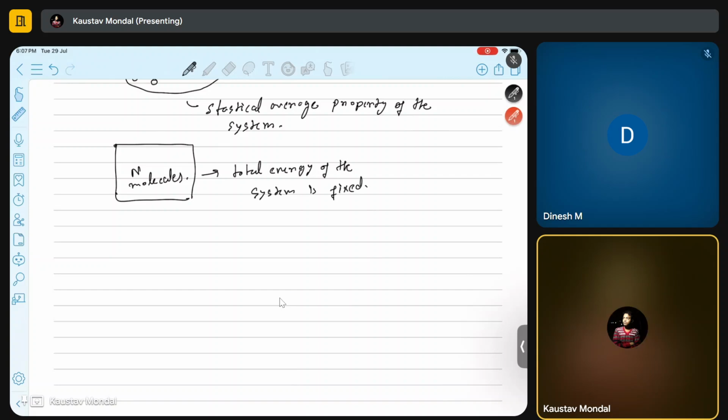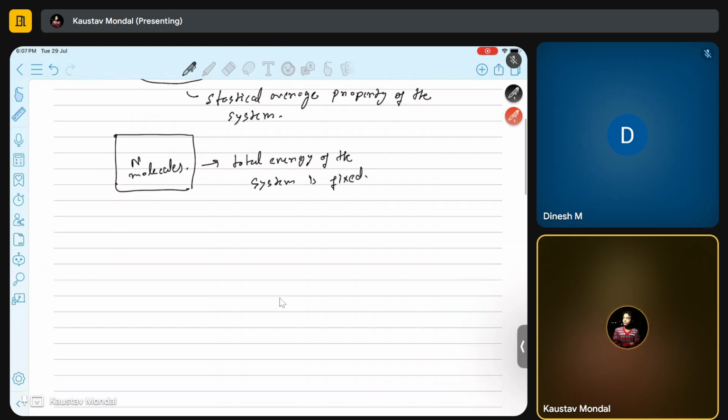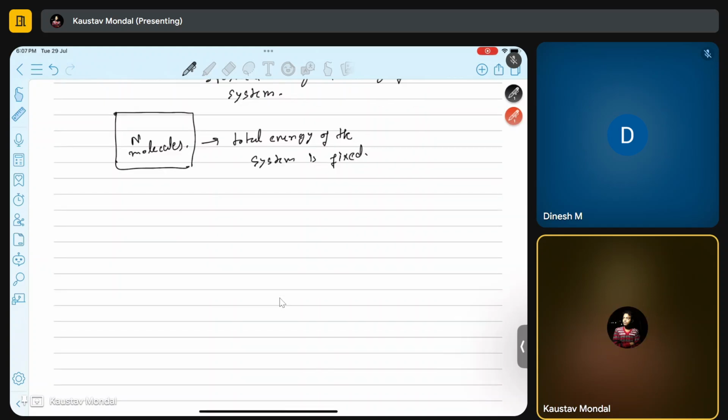That means each molecule has some definite energy level, and because of that the total energy of the system is fixed. Let's suppose these are some energy states, 1, 2, 3, 4.